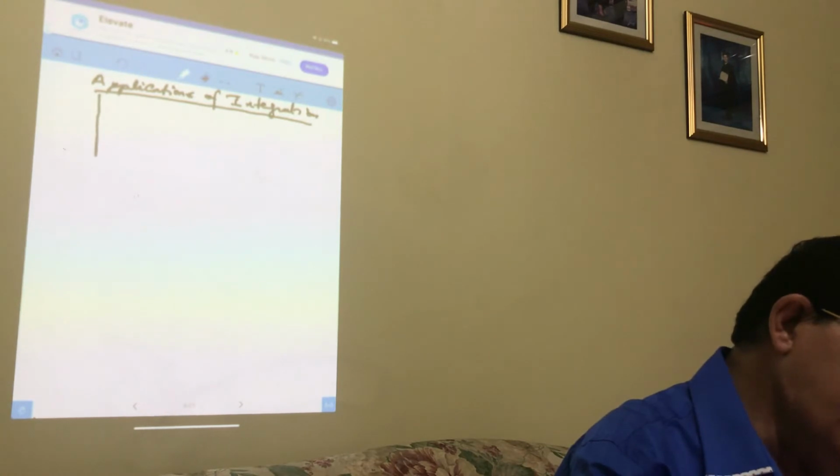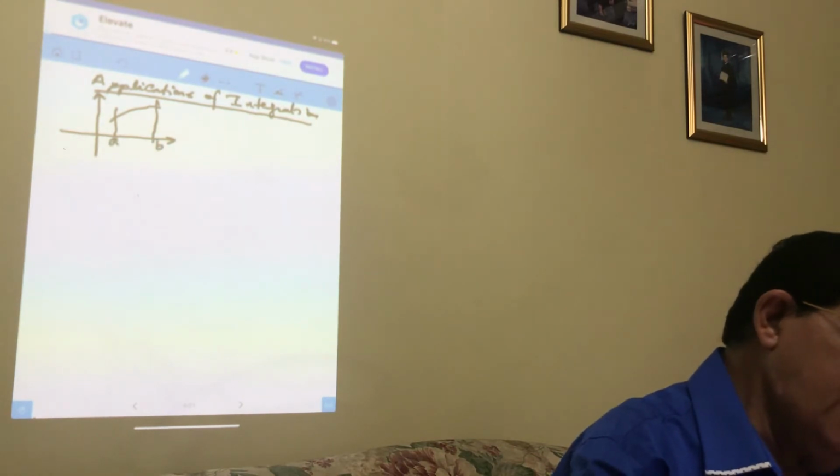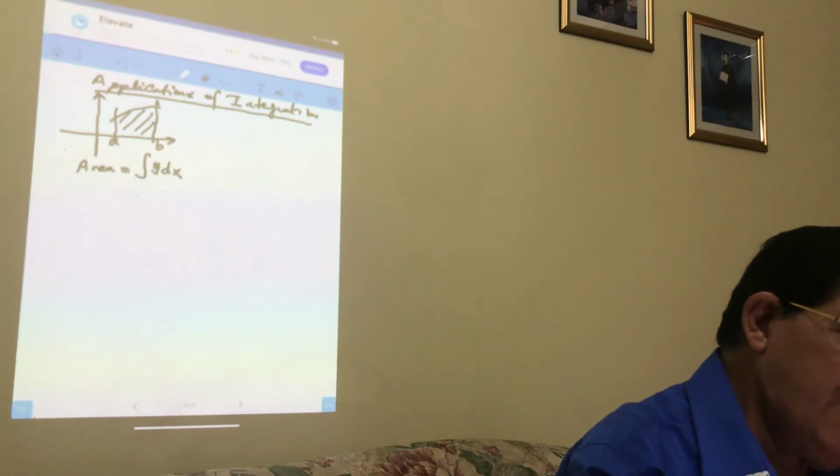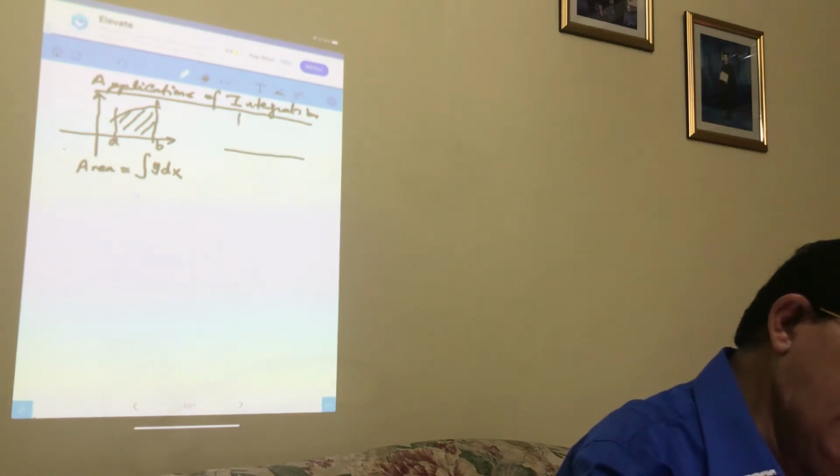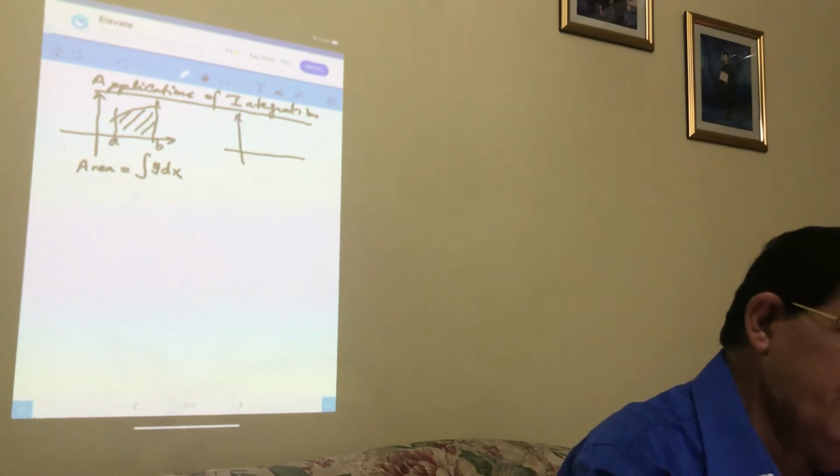is that if this is a curve and you want to get the area under the curve from A to B, this area, we say this area equals the integration of y dx. The new thing in the A level is this.